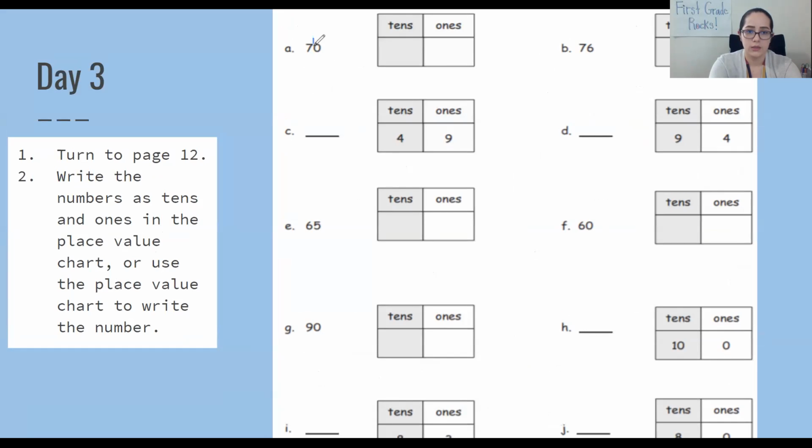Okay, so breaking this number up, I have 70. Okay, I have my tens and my ones. So looking at 70, I do not have any ones, but we still need to put that in. So 0 ones, and I have 7 tens.